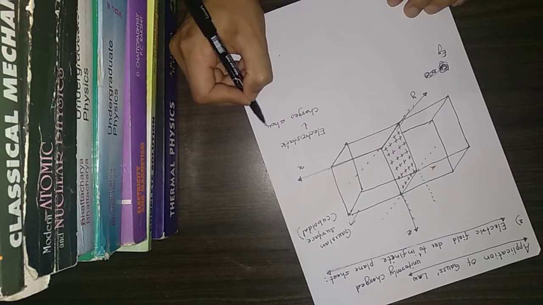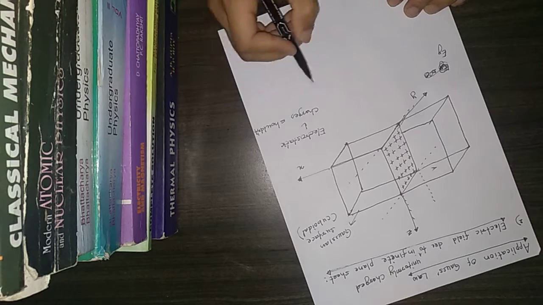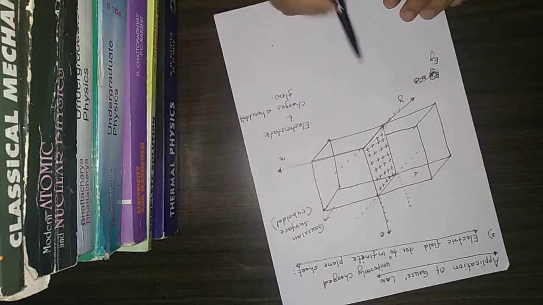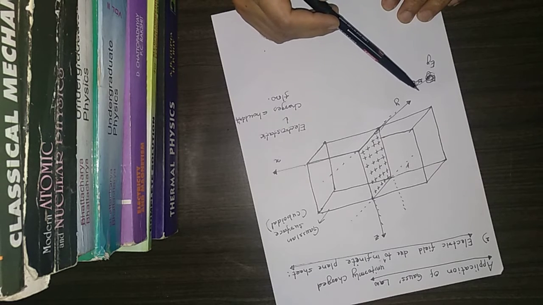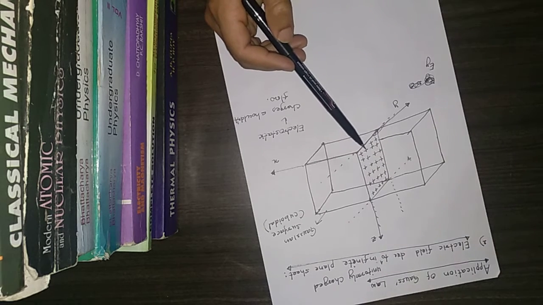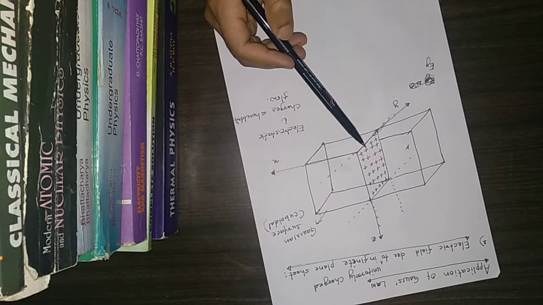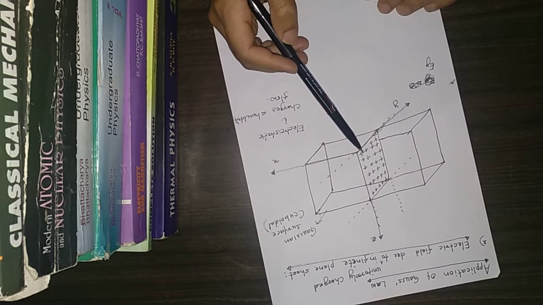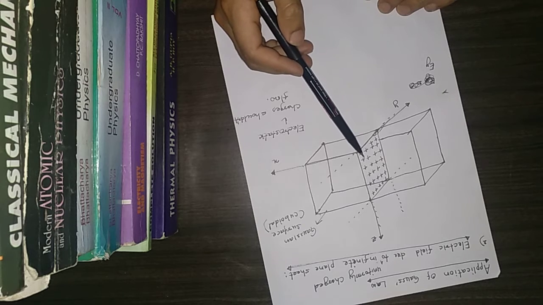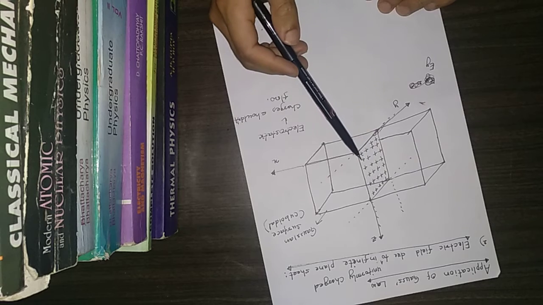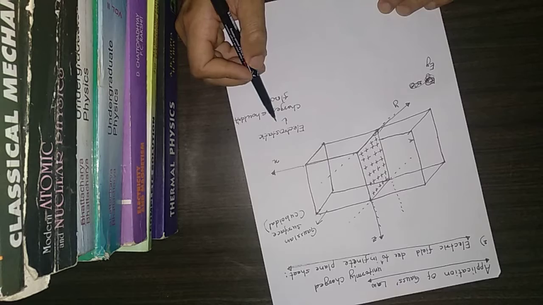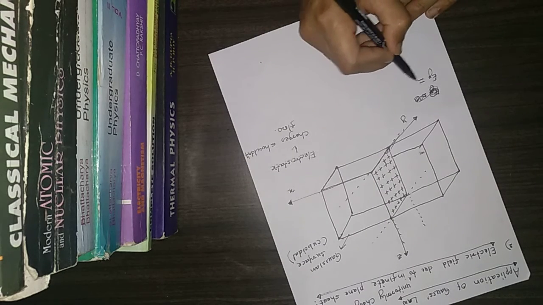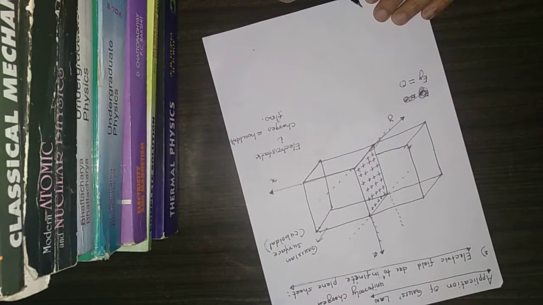So if there were an electric field present along this y direction, the charges would move along the surface of this plane sheet. Then it will contradict our assumption of electrostatics. Hence, the electric field along the y direction will not be present in this case.